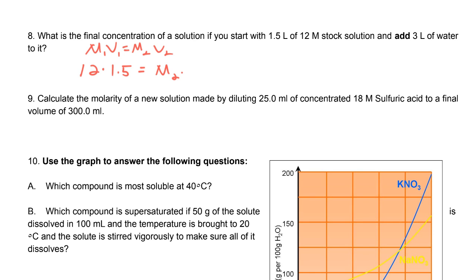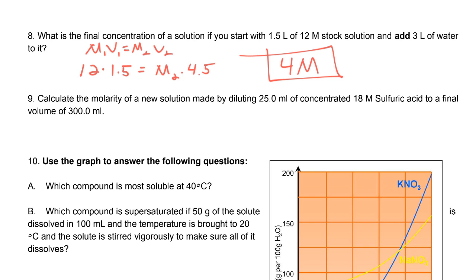Well, 1.5 liters plus 3 liters of water means I'm going to have 4.5 liters. And now I can just solve for M2. So I'll do this in my calculator. 12 times 1.5 equals 18. Divided by 4.5 equals 4. So the final molarity is 4 molar.